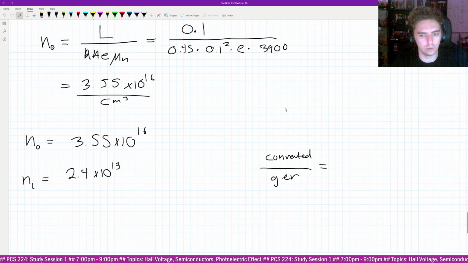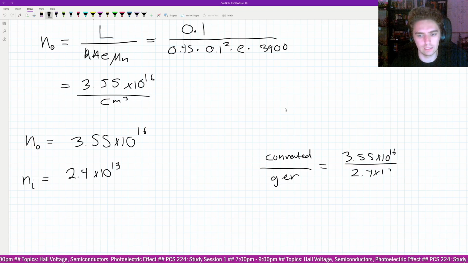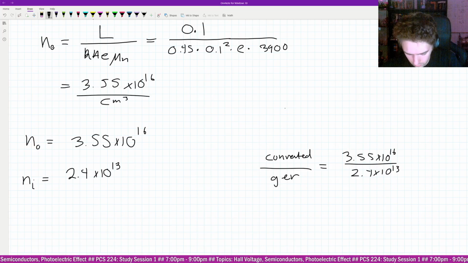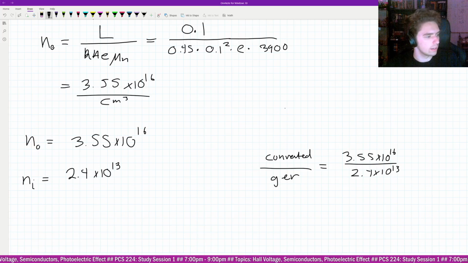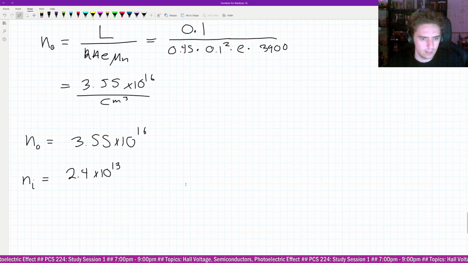So I think you would do 3.55 times 10 to the 16 over 2.4 times 10 to the 13. And the fraction is, well, that doesn't make sense. 1 out of every 2 million? That's not what I got. If I invert that, no, it's still not what I got. Okay, let me think about that.